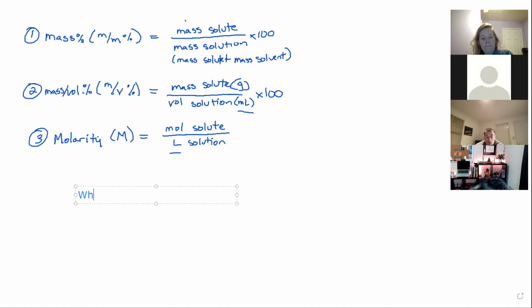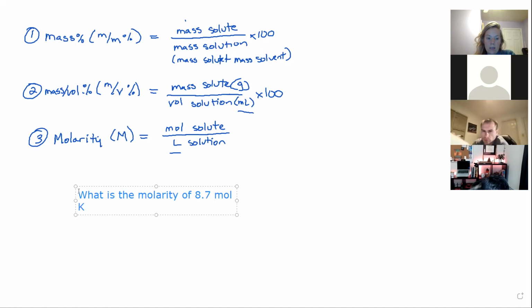What is the molarity of 8.7 moles KCl in 5.46 liters of solution?